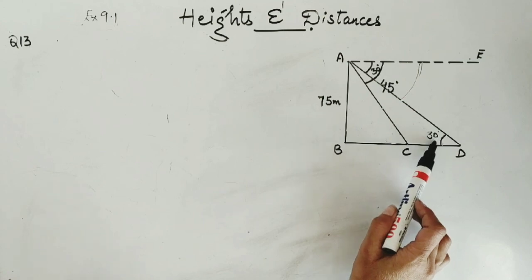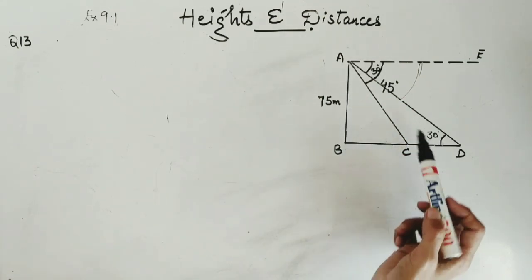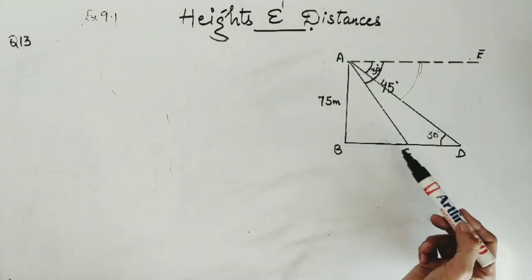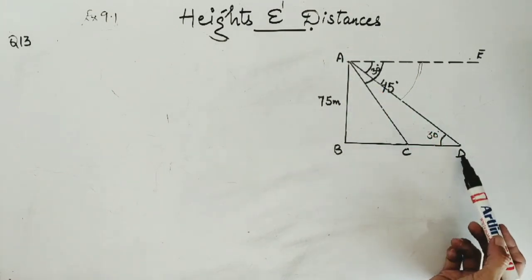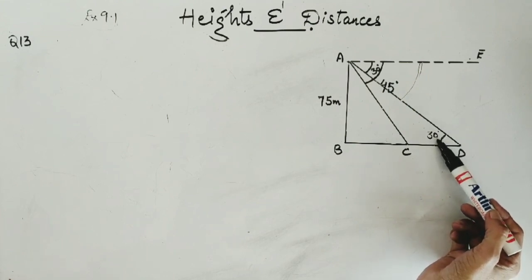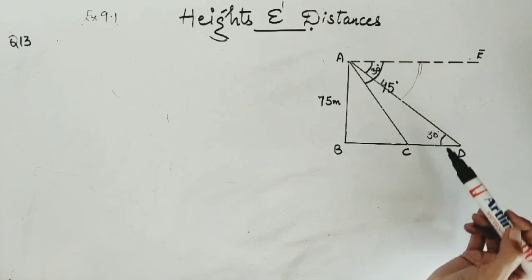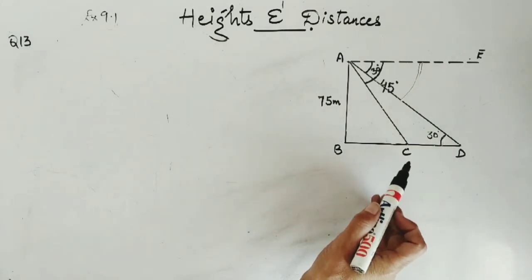Now why do we need these angles? Because ultimately we have to deal with right angle triangles. Triangle ABC and triangle ABD we need. For that, angles are required. So if this is 30, this angle would also be 30. Then let's talk about the second ship.